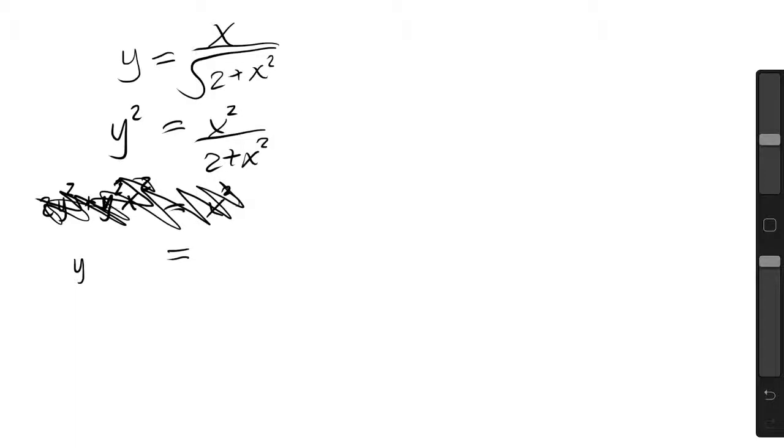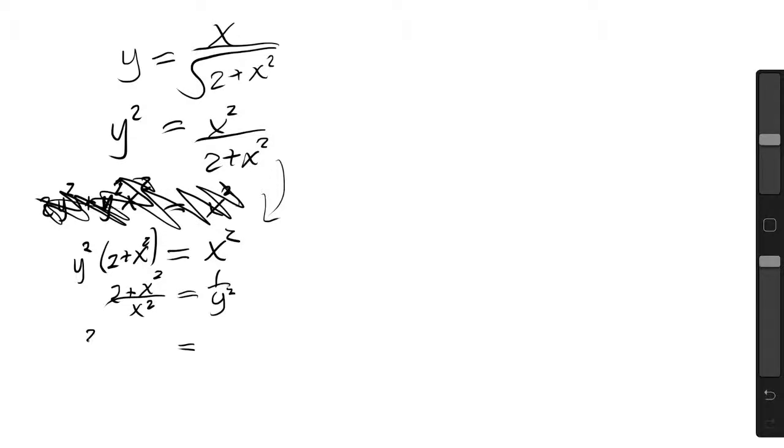So yeah, let's do it step by step. So we went from this down to here. Now we can divide both sides by y squared x squared to get 2 plus x squared on x squared is just 1 on y squared, and on the left we have 2 on x squared plus 1 is 1 on y squared, which is what they want.